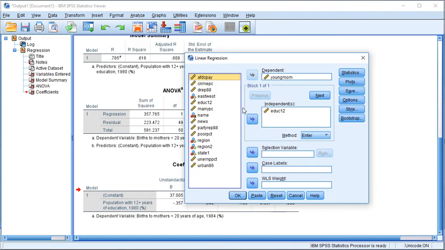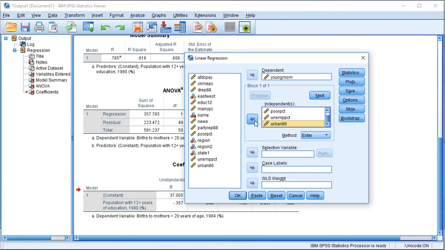Here I'll still keep Education 12, but let's say I also want to add the percent of individuals who live below the poverty level, poor PCT, poor percent. The unemployment rate, this is percent of individuals who are unemployed. And let's say I also wanted to include the urban 86. This is the percent of individuals in a state who live in metropolitan areas.